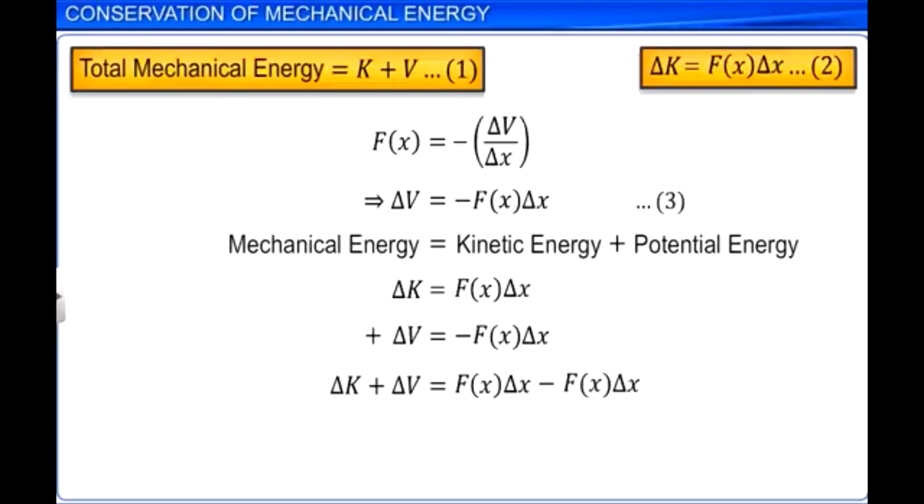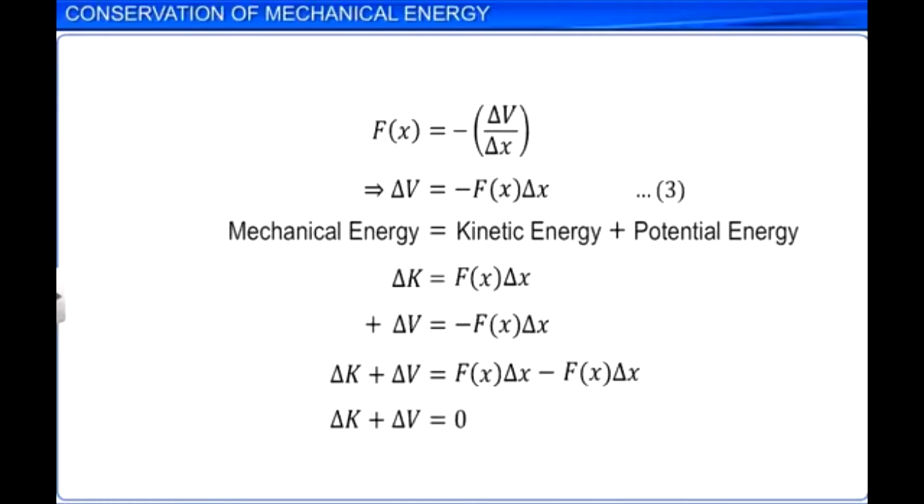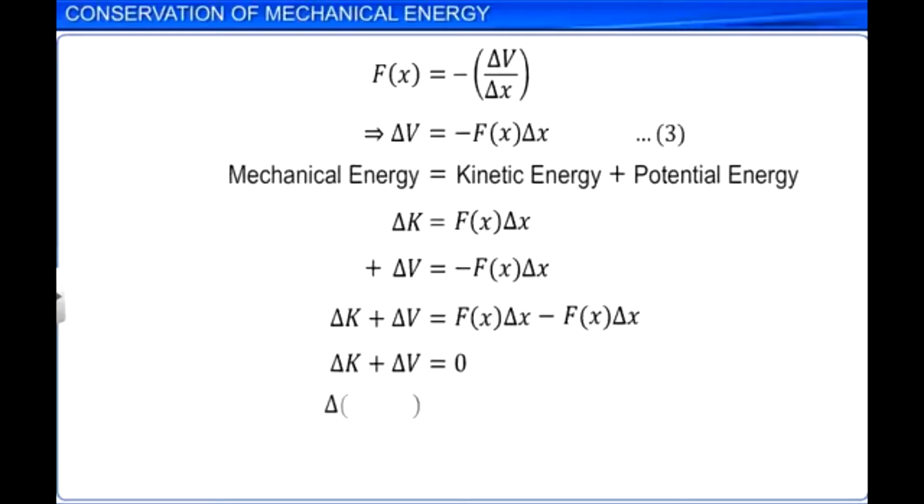Thus, delta K plus delta V is equal to 0. In other words, we can say that delta of (K plus V) is equal to 0. Let this be equation 4.